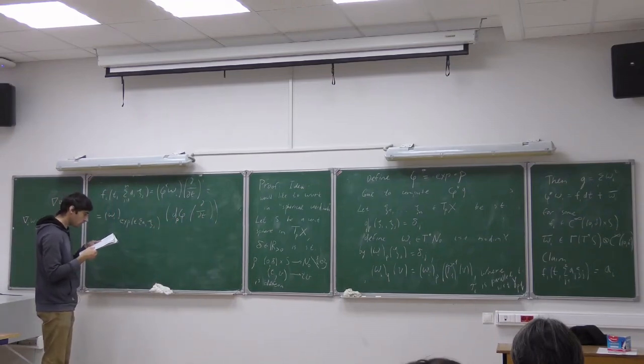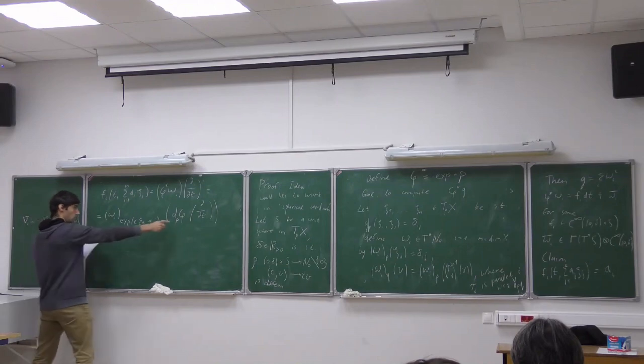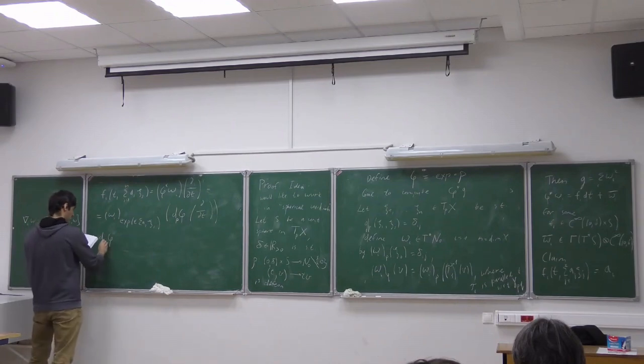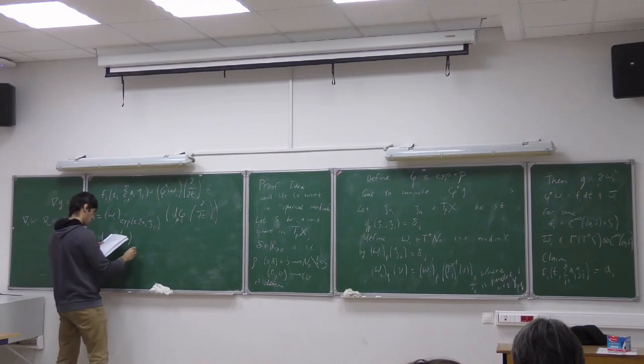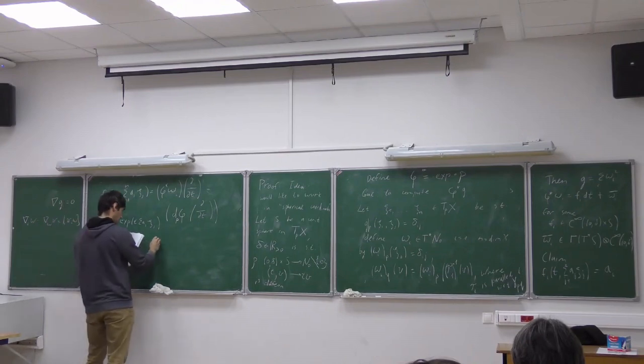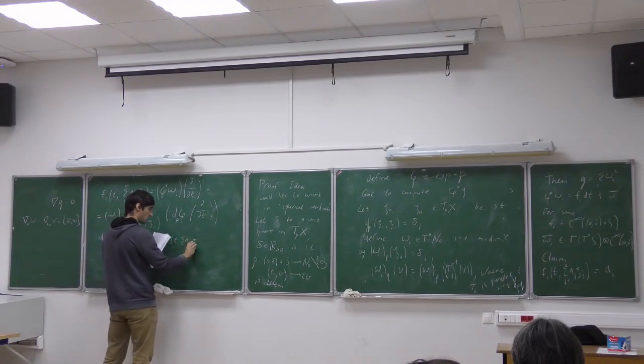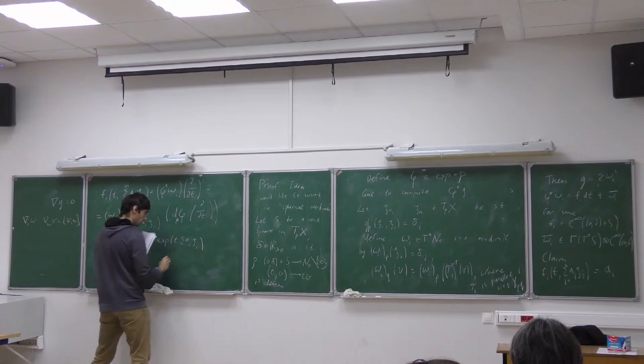Okay, so now I need to compute what this is. So d phi of d over dt is just, I need to take this curve, exponential of t sum a j xi j.